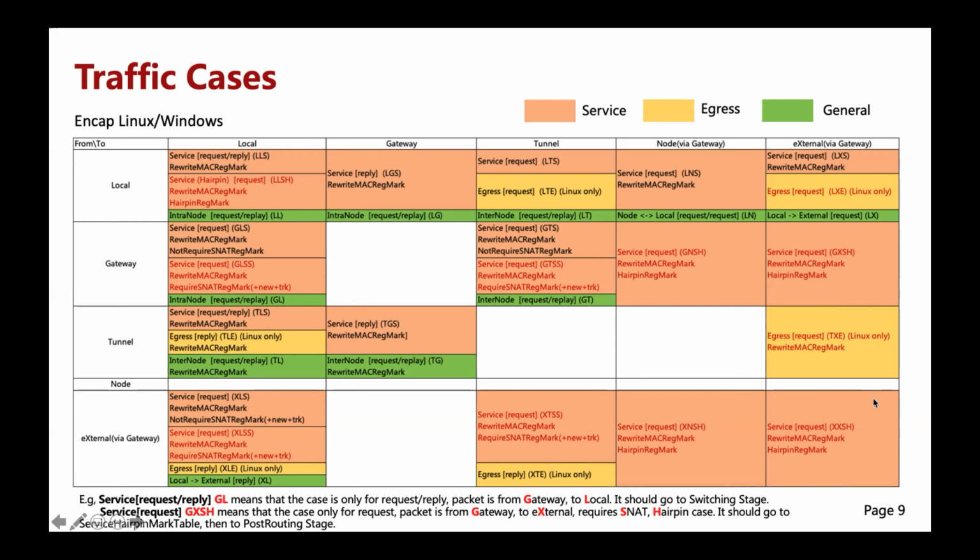And this packet is forced to be SNATed as a hairpin case, and so it should go to service hairpin mark table, then go to post routing stage to perform SNAT.